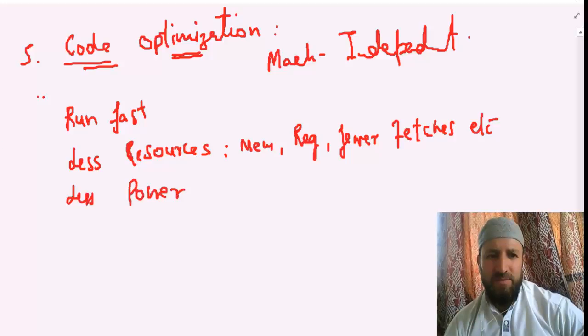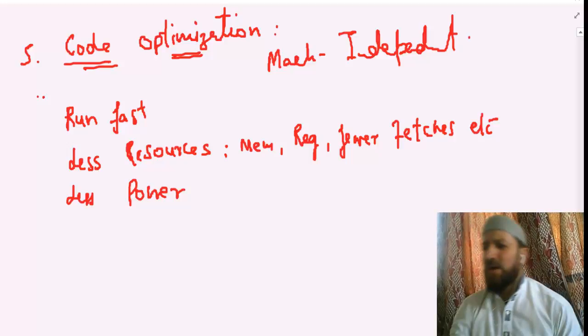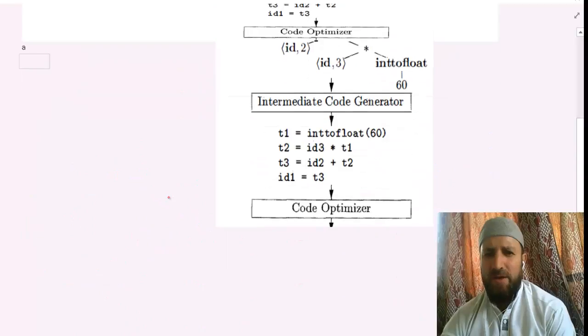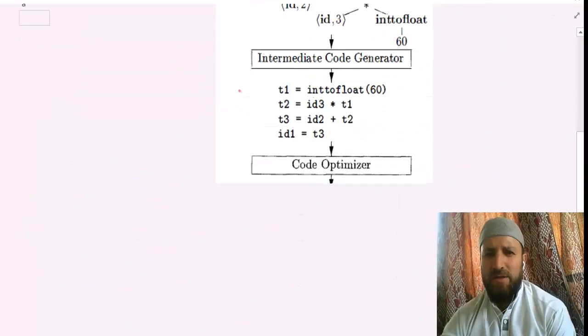If you look at our code on top here, we said we have t1 equals into float 60, and then this t1 is multiplied by id3, and that is put into t2. We can combine these two, right? We know that 60 is going to be converted to float.